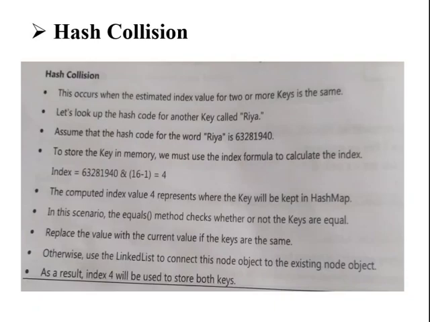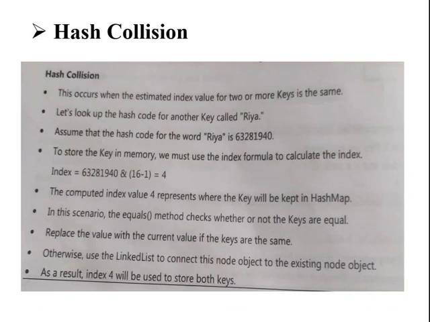Then next one is hash collision. This occurs when the estimated index value for two or more keys is the same. Let's look up the hash code for another key called Riya. Assume that the hash code for the word Riya is 6328190.